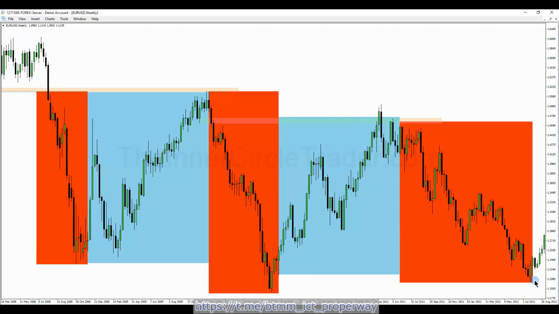So now what we've done is we've mapped out this entire euro dollar from mid 2008 all the way to mid 2012, just by understanding what the monthly levels on institutional order flow will give us, and understanding those points of reference I showed you in September, what to focus on, because that's the recipe for all the trading you're ever going to want to do.